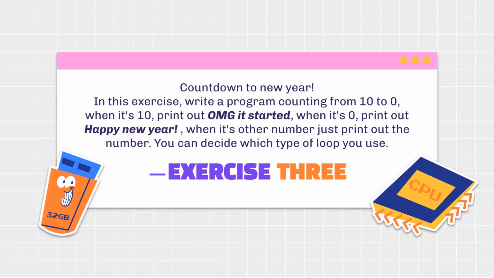So it breaks this time, so that's just what we want. I mean, it works. But we want I equal to 10 to print OMG it started. And if it's 0, we print Happy New Year, otherwise we just print the number. In this way, you need to identify the two. So 0 here should not be... You need to add exactly.